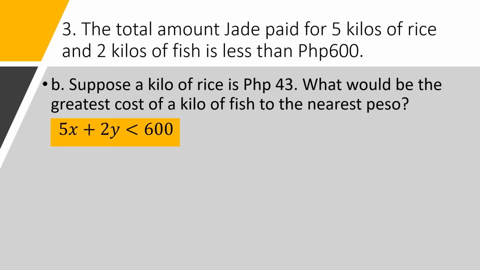So, since the amount of kilo of rice is 43, that is x, so we will substitute 43 to the variable x. That will give you 43 times 5 plus 2y less than 600. So 43 times 5 will give you 215 plus 2y is less than 600.